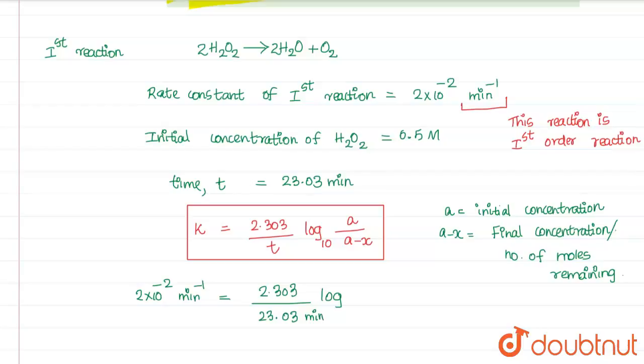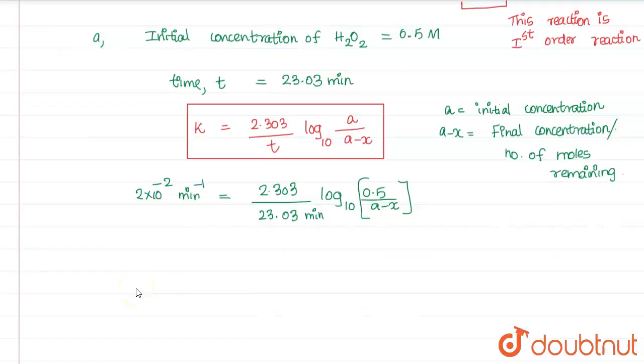This minute inverse and this minute inverse will get cancelled. Log to the base 10, A is given as initial concentration of H2O2, that is 0.5 moles divided by A minus X. Okay, and find the value of A minus X by solving this equation.